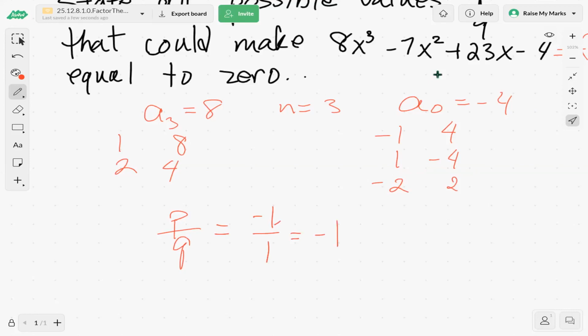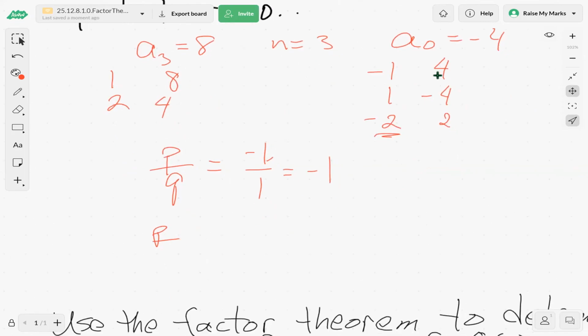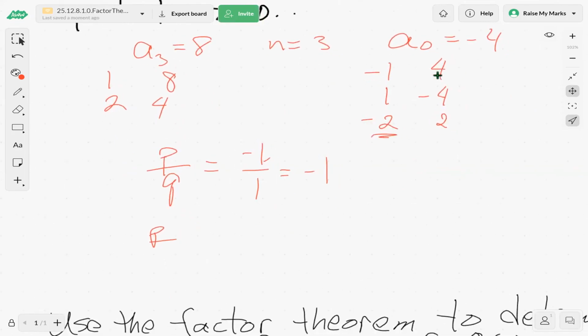What's another one? Let's take p equal to -2 and q equal to, say, 4. This gives us -1/2, so that's another possible root of our function.